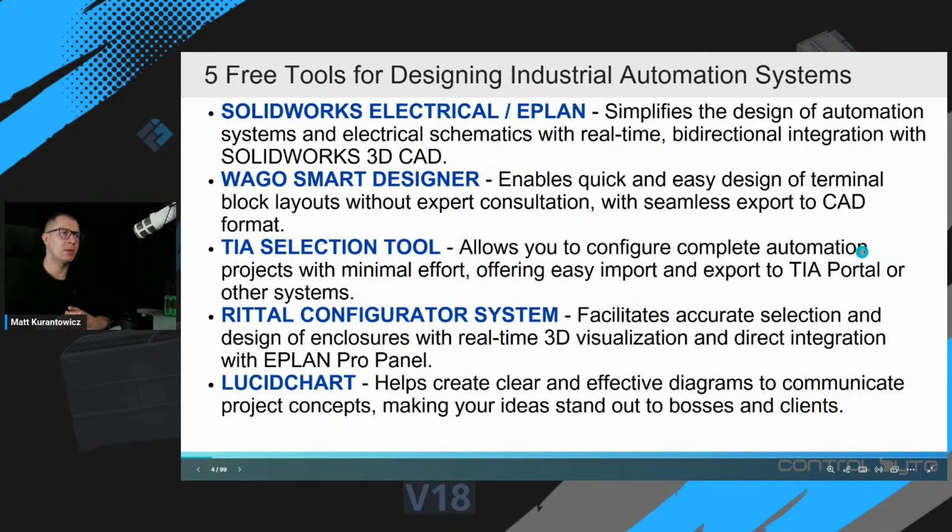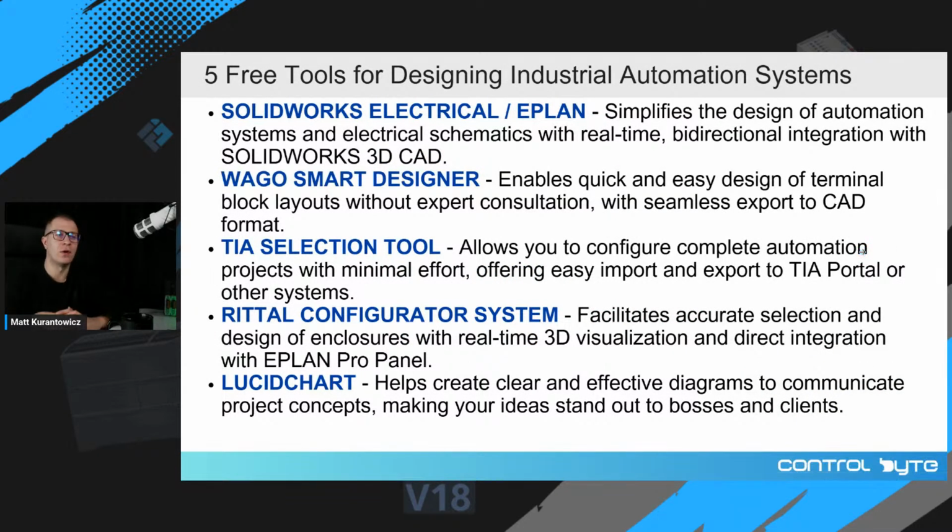Okay, what about 5 free tools for designing industrial automation systems? The first one is CAD software. As I said, we use SolidWorks Electrical in our company, and this software simplifies design of automation systems and electrical schematics. Next one is a web tool from Wago manufacturer, and this is Wago Smart Designer.